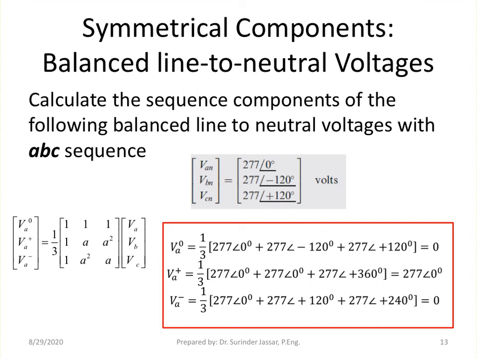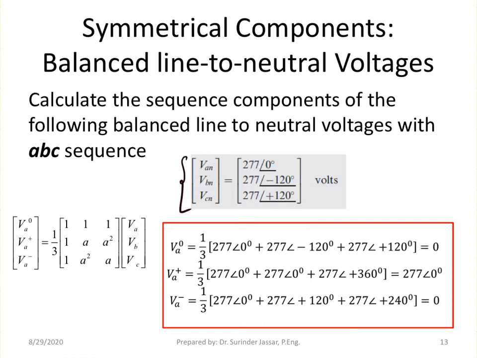All right, so see what we have in here. This is just an example for us to practice, although we're going to practice more examples in the tutorial. Now this is an example showing us a very good concept. Here the three-phase system is given.